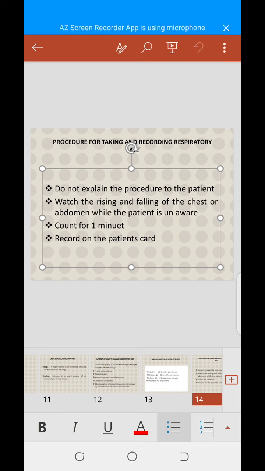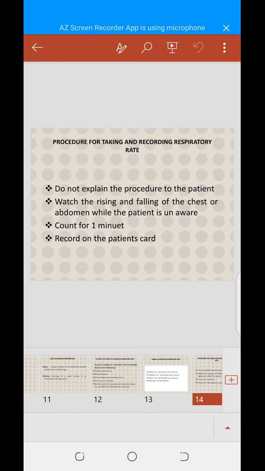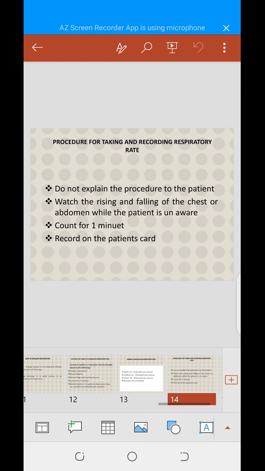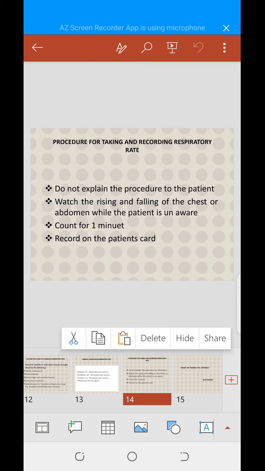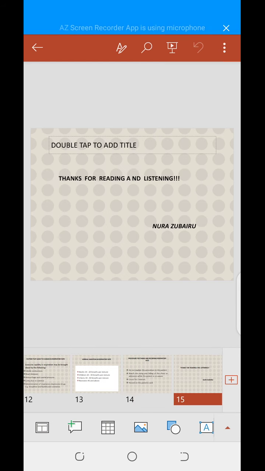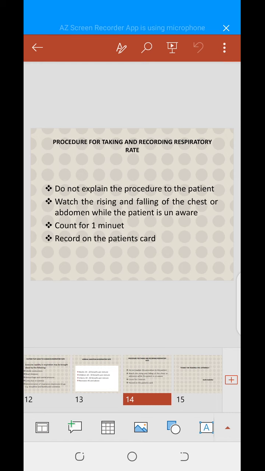But if you take for 30 seconds, you multiply it by 2 to have the respiratory rate of a patient in 1 minute. But if the respiration is not regular, don't forget you should count for a complete 1 minute. So these are the procedures used for taking respiration.